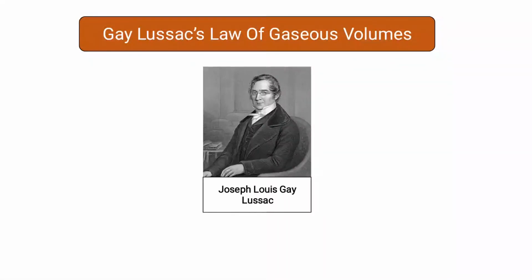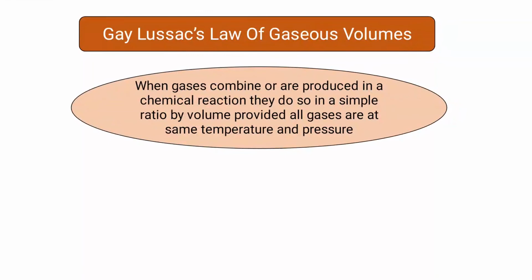Going to the fourth law, that is Gay-Lussac's law of gaseous volume. Gay-Lussac gave this law in the year 1808. The statement of the law is, when gases combine or are produced in a chemical reaction, they do so in a simple ratio by volume, provided all gases are at same temperature and same pressure.